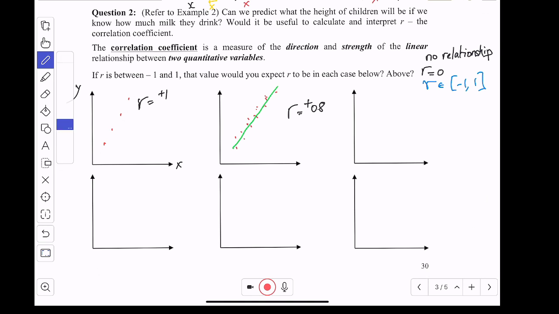And as there's more or less of a relationship, the data is just scattered around like this. So this is an example of R being close to 0.